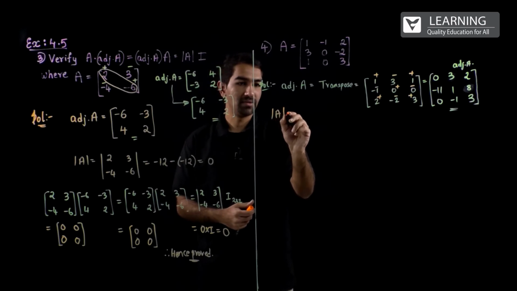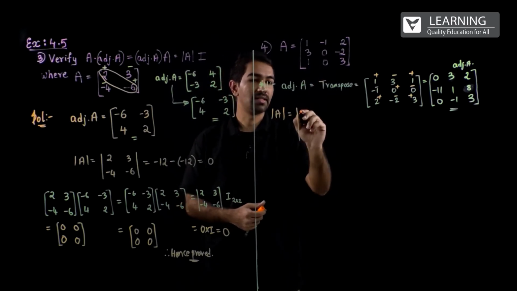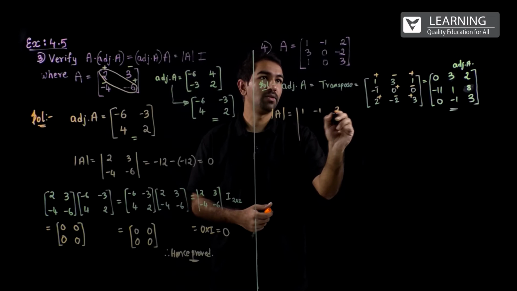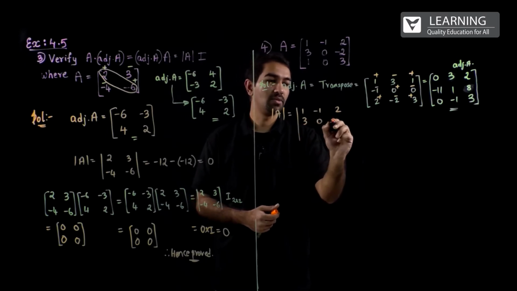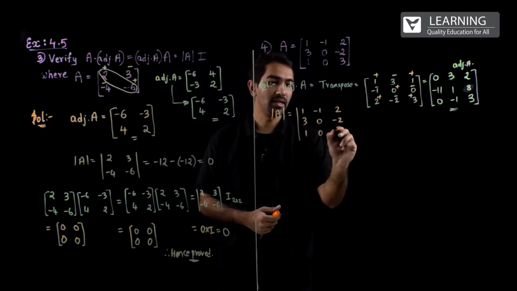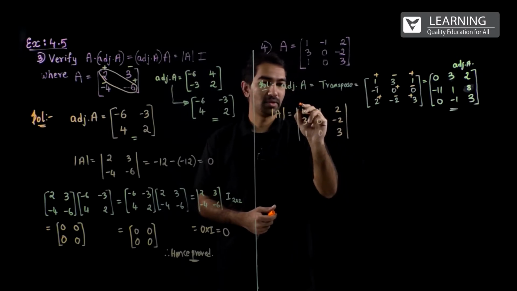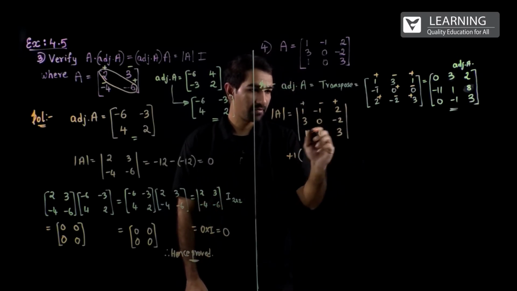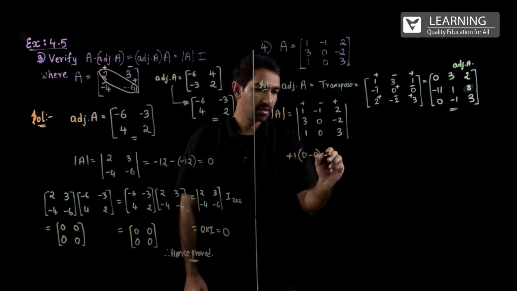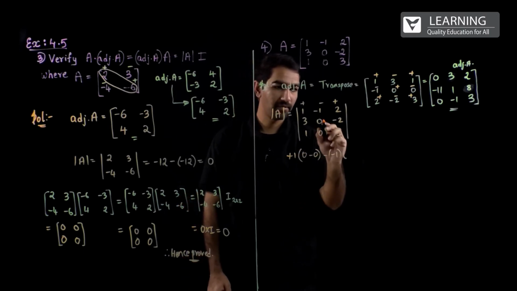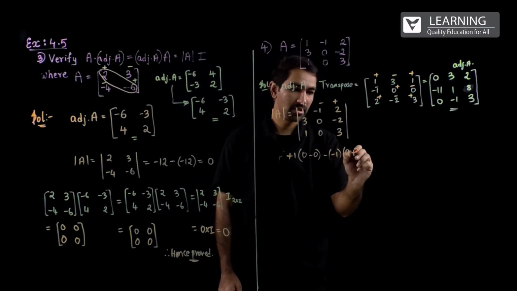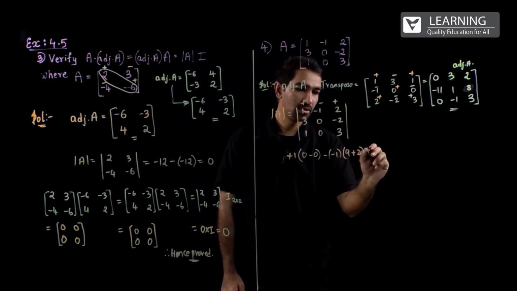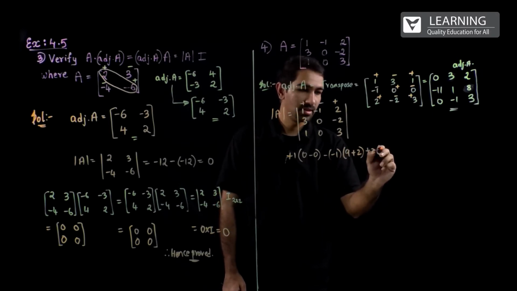Determinant of A, expanding along the first row: 1, minus 1, 2, 3, 0, minus 2, 1, 0 and 3. The signs are plus, minus and plus. So plus 1 of (0 minus 0), minus of minus 1 of (9 plus 2), and plus 2 of 0 again.